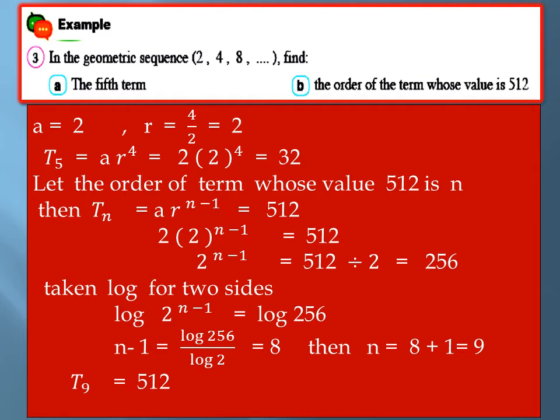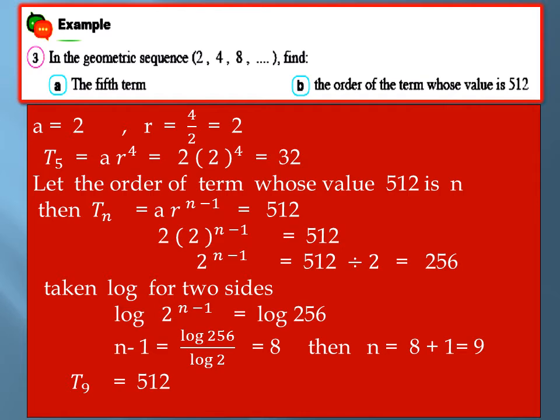Number one, we can resolve 256 into prime factors, but this method is very difficult for students. So we can take the log of the two sides. This is the second method.